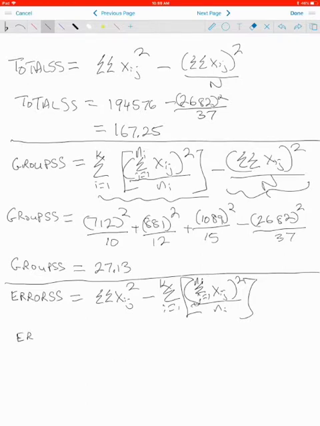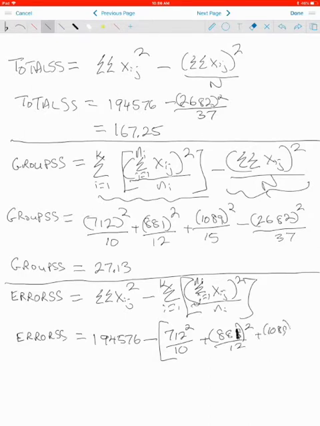And so the error sum of squares equals the sum of the x's squared, which is 194,576, minus this thing again, 712 squared over 10 plus 881 squared over 12 plus 1089 squared over 15.